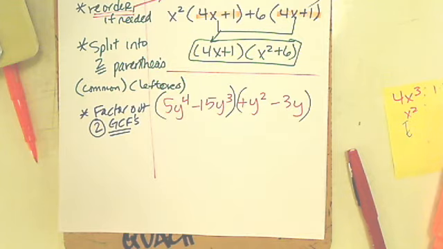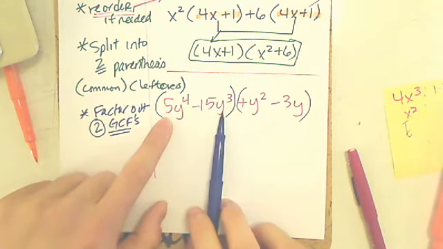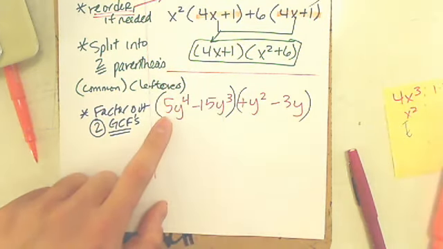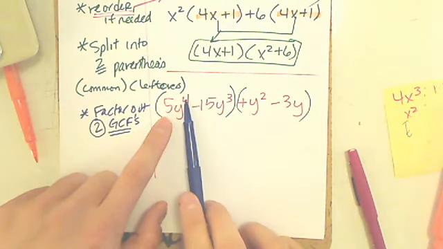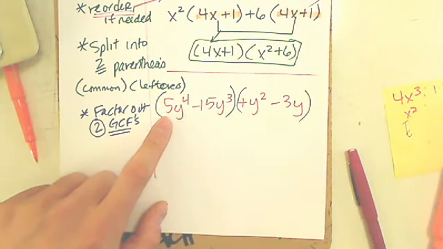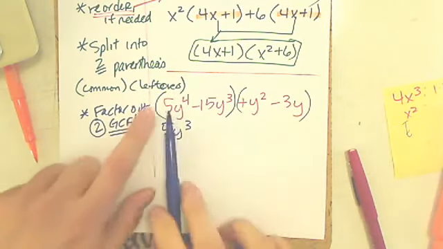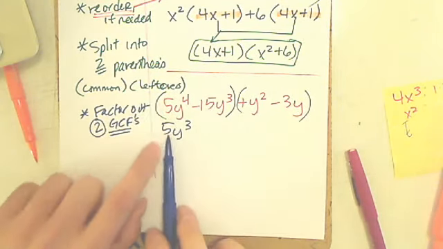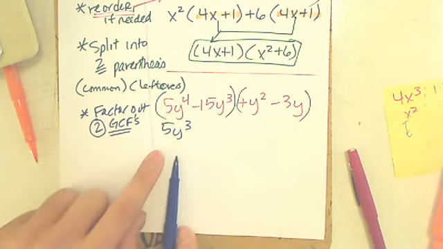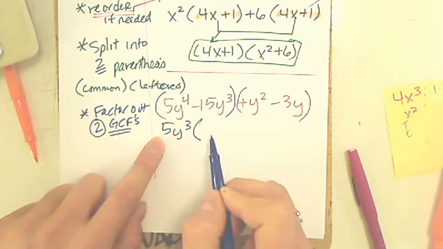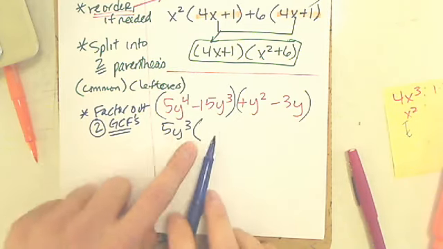What's the first GCF? y cubed, more than that. 5y cubed. If you just take out y cubed, then you still have a 5 and a 15 left, which have a common factor of 5. So we're going to take out as much as you can. Take out as much as you can. And then your leftovers in the parentheses.